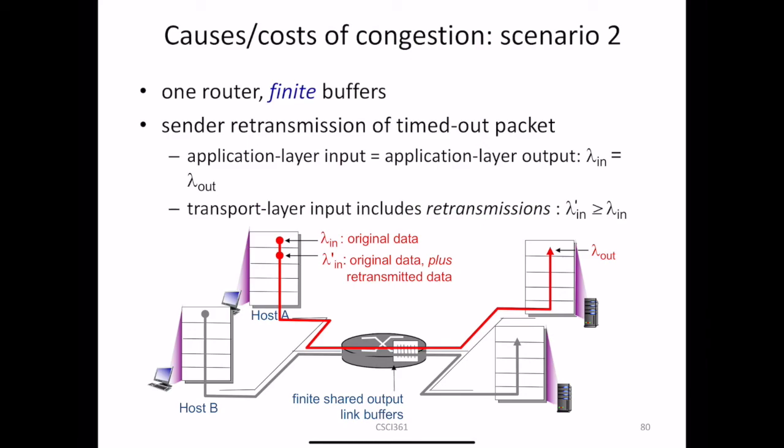However, on the transport layer, the input may include retransmissions, just like we show here, the lambda in prime, which is the original data plus the retransmitted data, which is greater than or equal to lambda in, which is the original data.